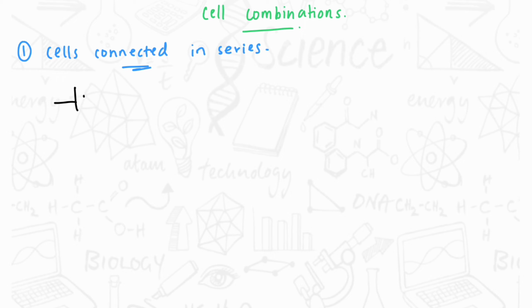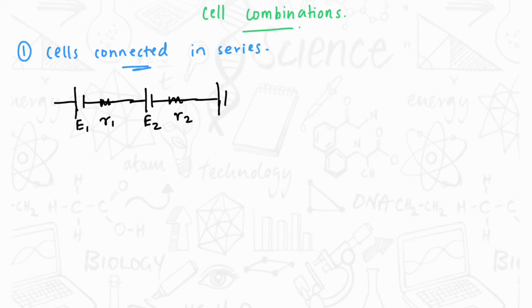So let's say we have three cells. This is the first cell, that is the EMF value is E1, and the internal resistance is R1. Next we have another cell with EMF value E2 and the resistance is R2.